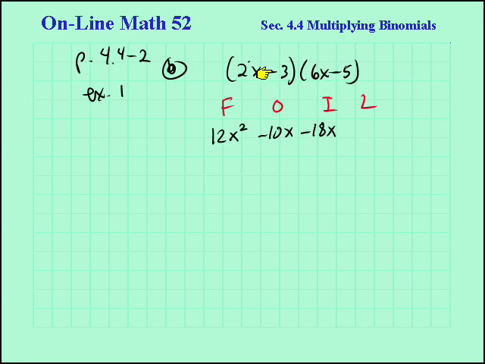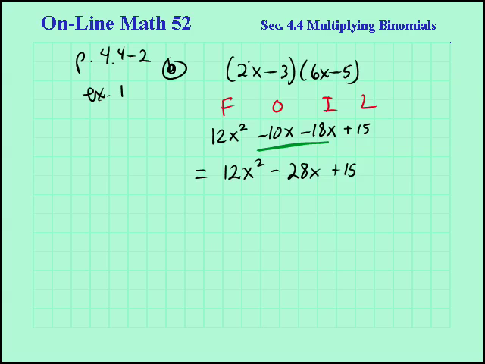And the product of the lasts, or the last product, negative 3 times the negative 5 is a positive 15. In this case, the middle 2 terms are like terms, so we can combine them, and we get 12x squared minus 28x plus 15.